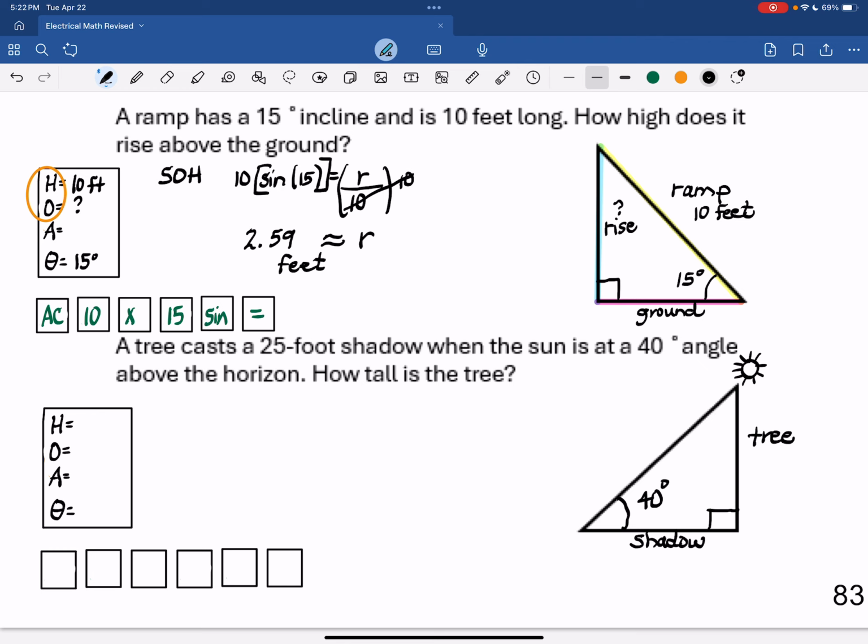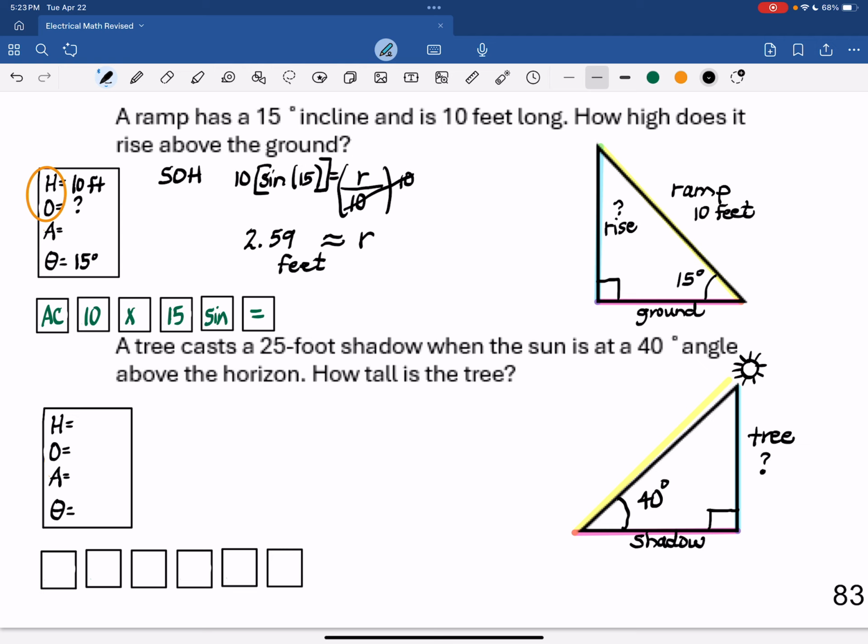How tall is the tree? So let's look at, here's hypotenuse, which we don't know. Here is opposite. Remember, it's opposite theta. And then the shadow would be the adjacent to theta. And we are looking for the height of the tree.